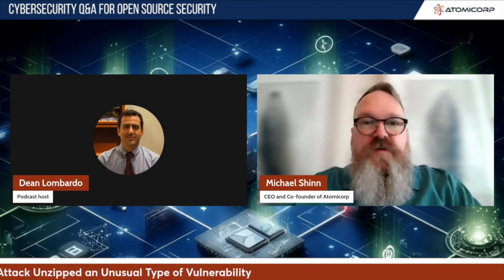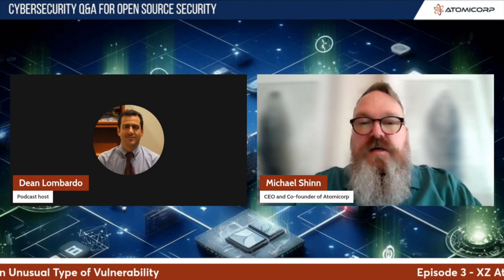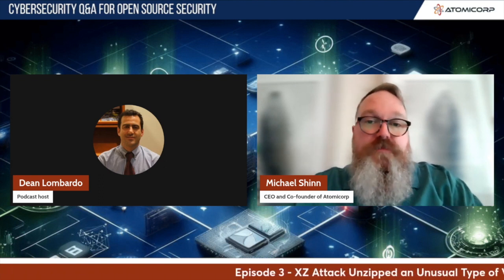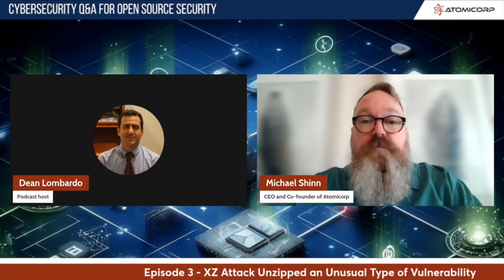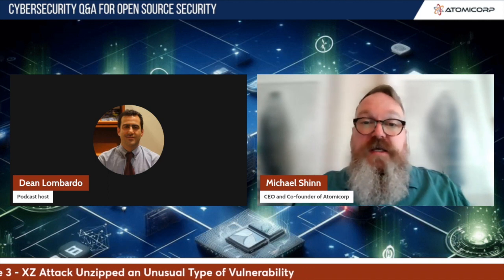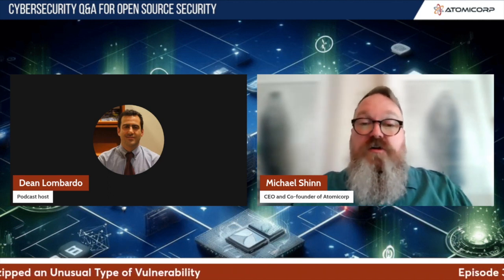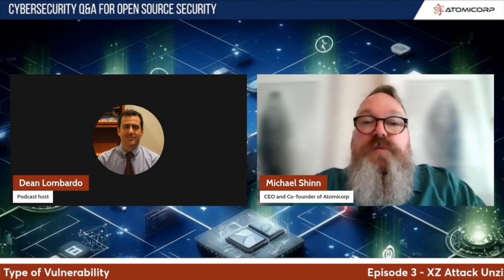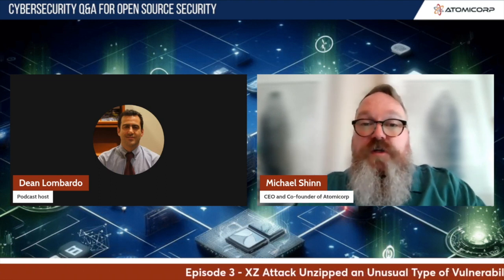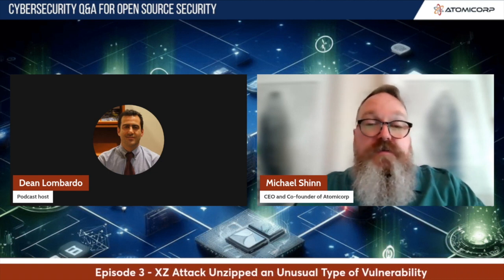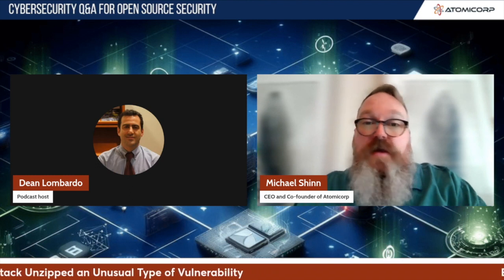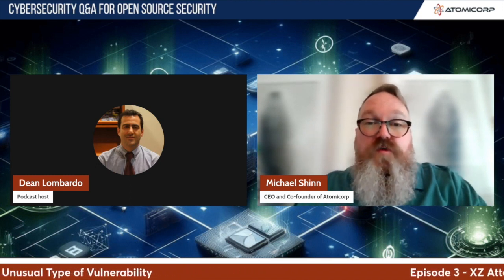It's a very sophisticated attack, and it begs the question, right? How many others are out there? We really just don't know. There are people in the community looking at things like GitHub, trying to scan all of GitHub and other source code repositories to see if there could be other backdoors out there that we don't know about. But this one was so sophisticated, it may not be possible to detect the other ones that are out there.